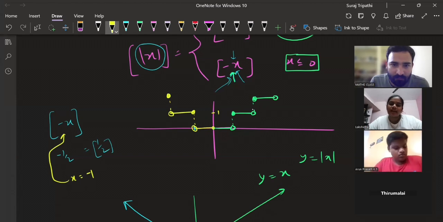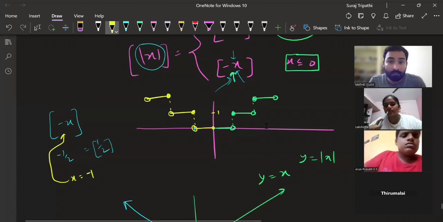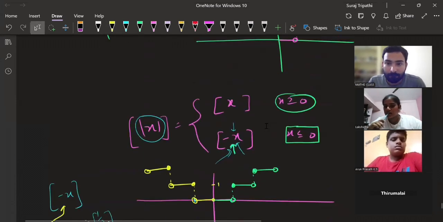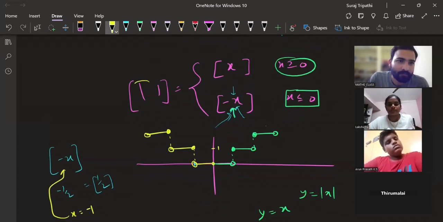But on this side, going in the negative side, we are getting only one answer. See, here it is written, this is mod.